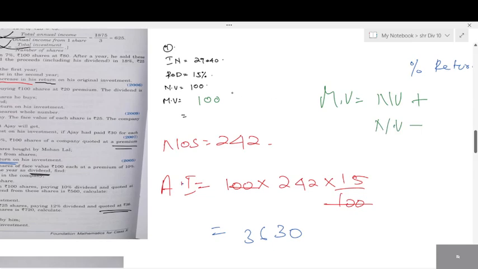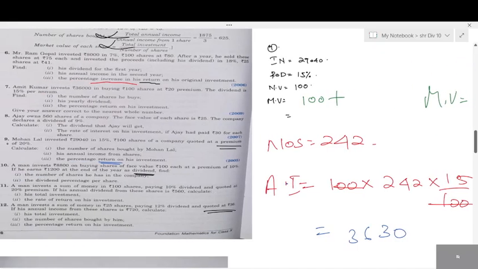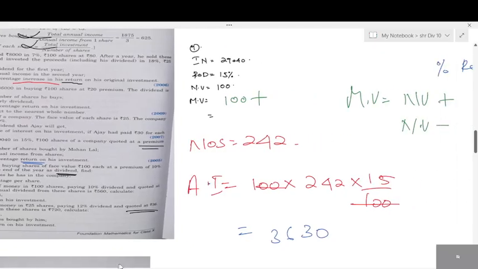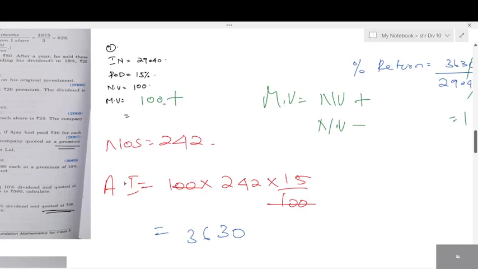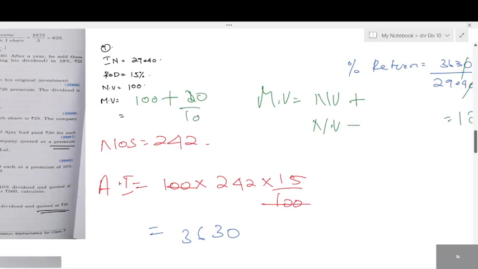Fine. So 100 plus 20%, as given at a premium of 20%, not 20 rupees, students. If it is 20 rupees, you could have written it directly, 100 plus 20, 120. So 20% is 20 divided by 100 into 20. This calculation.